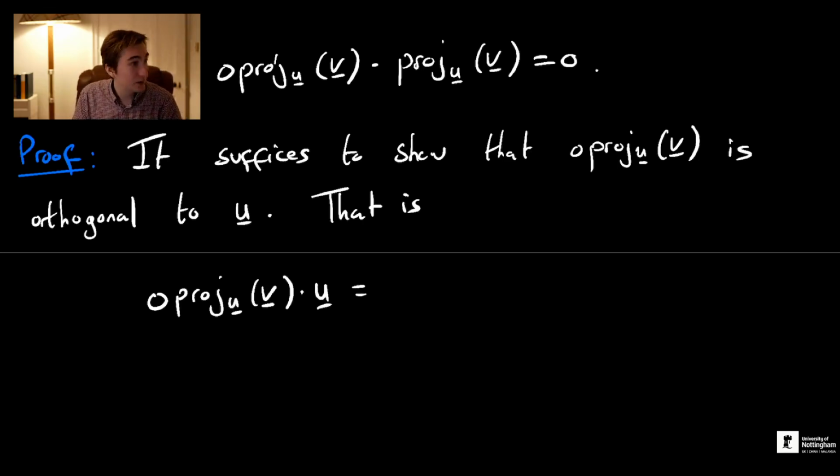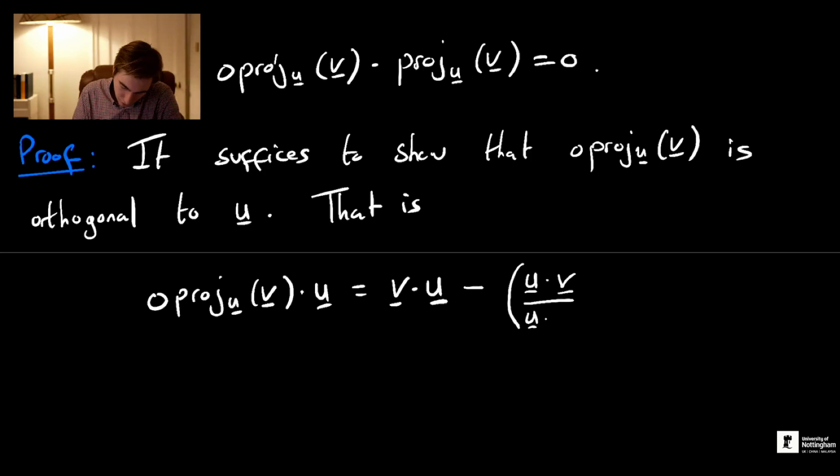Well, we can use the distributive property of the dot product that was proven in the last theorem. That's going to give v dot u, because this thing here is v minus the projection of v onto u, and then minus, and then we write the projection formula, so that is u dot v over u dot u, all times u dot u.